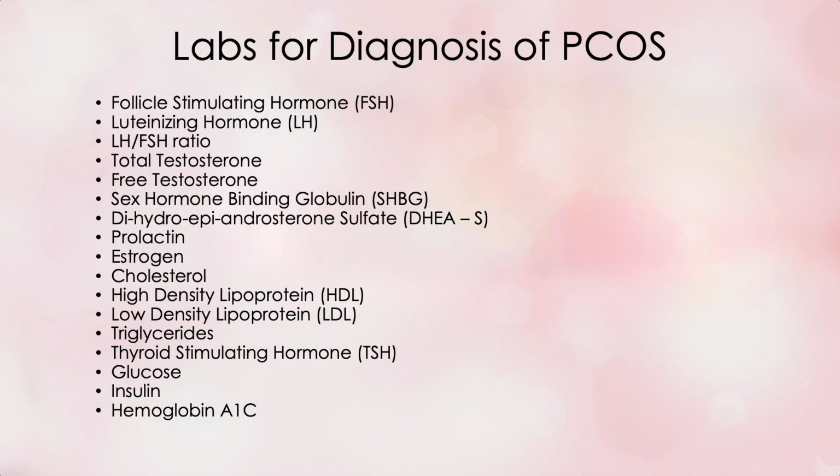They include all of the following: FSH, which is follicle stimulating hormone; LH, which is luteinizing hormone; LH-FSH ratio; total testosterone; free testosterone; sex hormone binding globulin, also known as SHBG; and dihydroepiandrosterone sulfate, also known as DHEA.